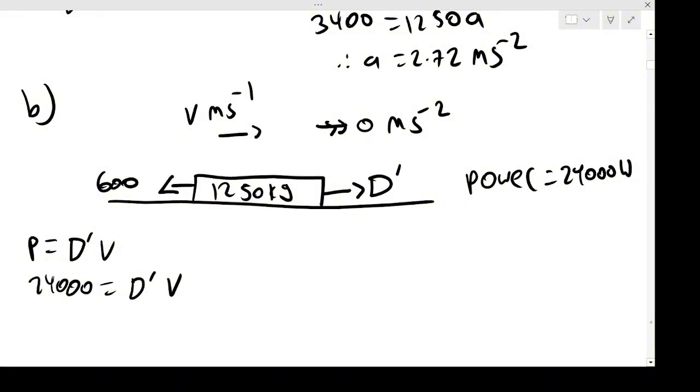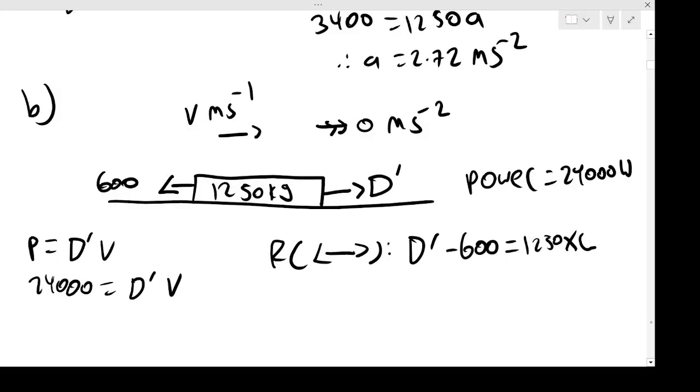If I want to find v, I'm going to need to find my driving force. How can I do that? Well, if I resolve forwards and backwards, my forwards force is my driving force D dash, take away the 600 newtons acting to the left. That's going to equal mass times acceleration, so 1250 times the acceleration.